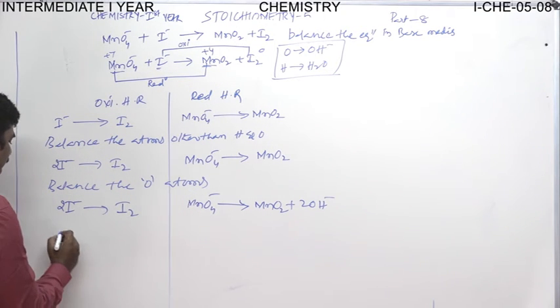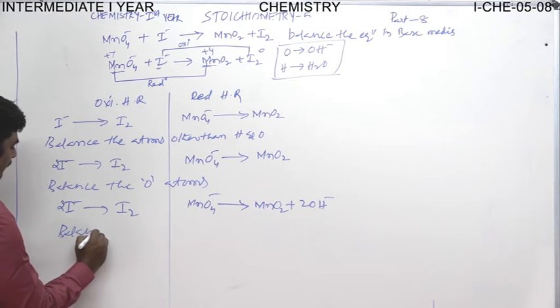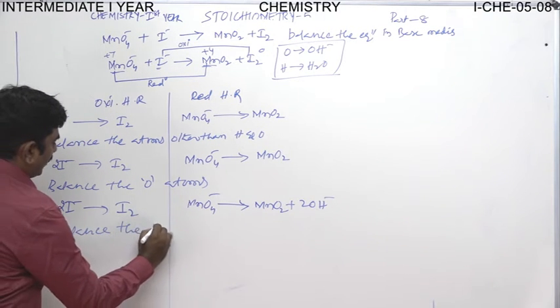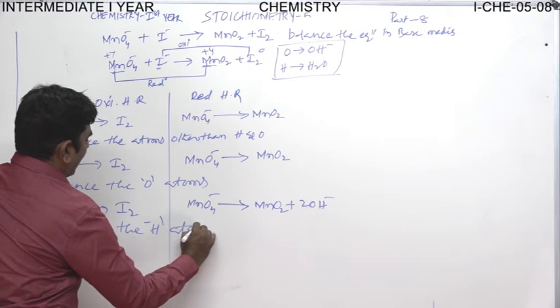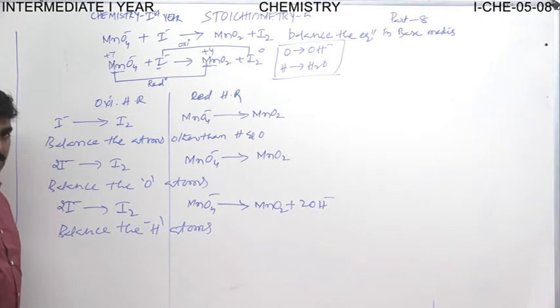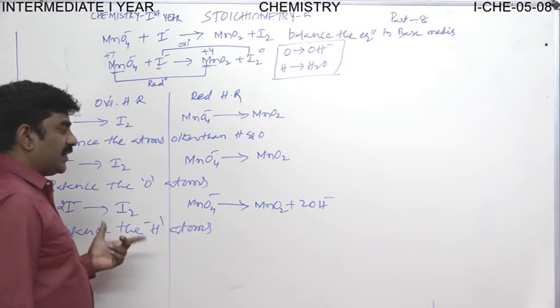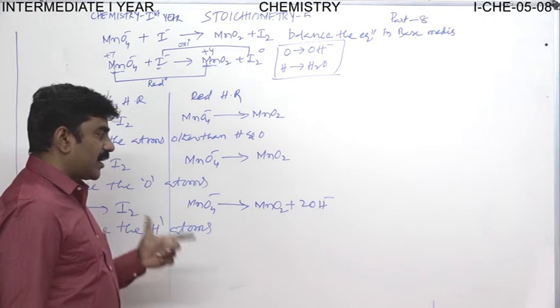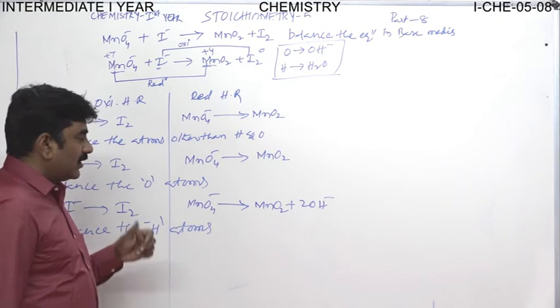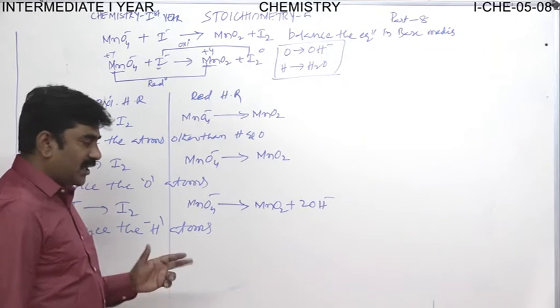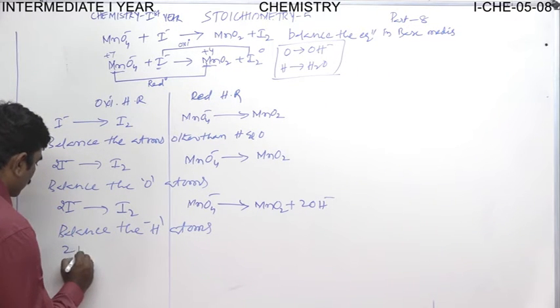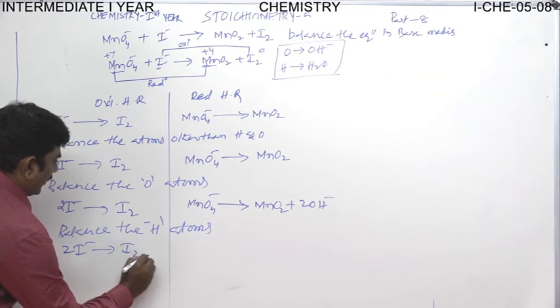Next, balance the hydrogen atoms. There is a small difference between acid media and base media. In acid media, while balancing oxygen and hydrogen atoms you can get the direct answer, but here it is a trial and error method. 2I minus will give I2.